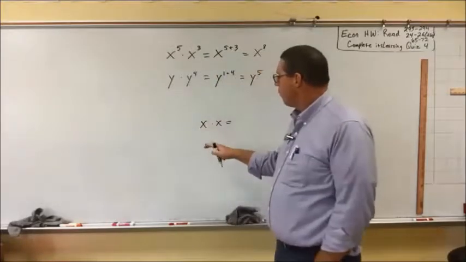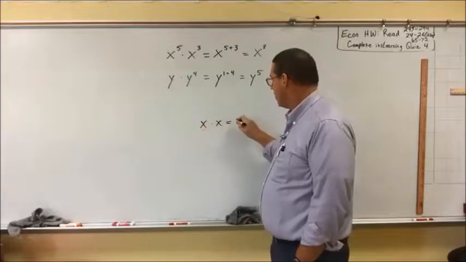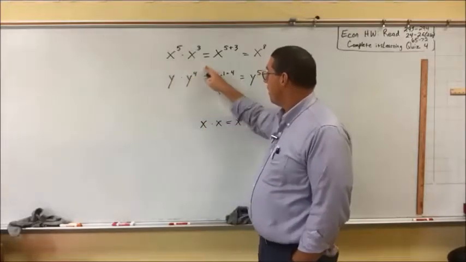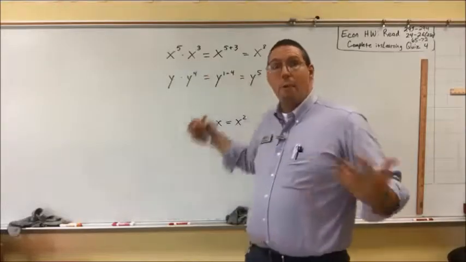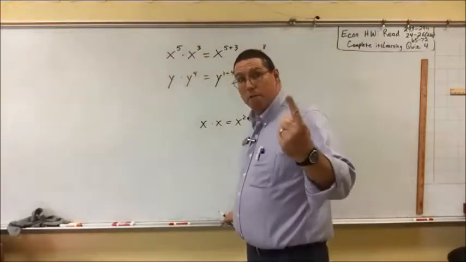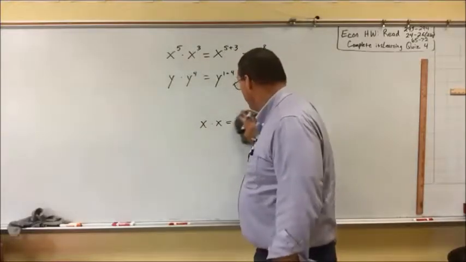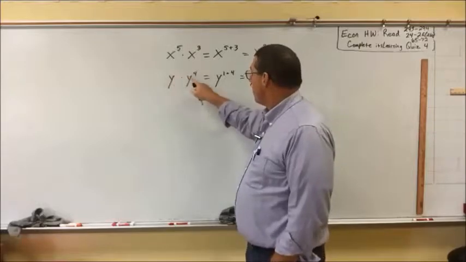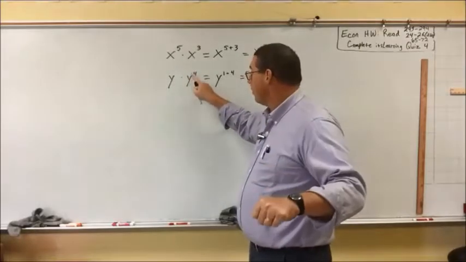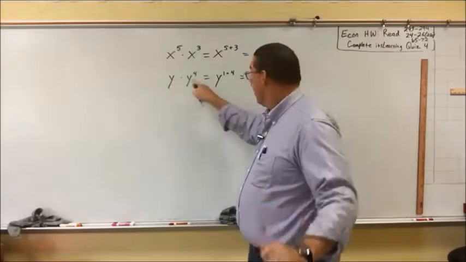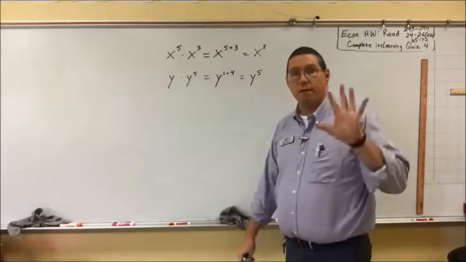And you've probably known for a long time that x times x is equal to x squared. In fact, we just did something like that when we put 5 x's and 3 x's. However many x's there are, they're all x to the first power, and then we add them all up. So here, this is y to the first power, and this is 4 y's. This is y times y times y times y. So that's 4 y's, that's a 5th y, and that's why we wind up with y to the 5th power.